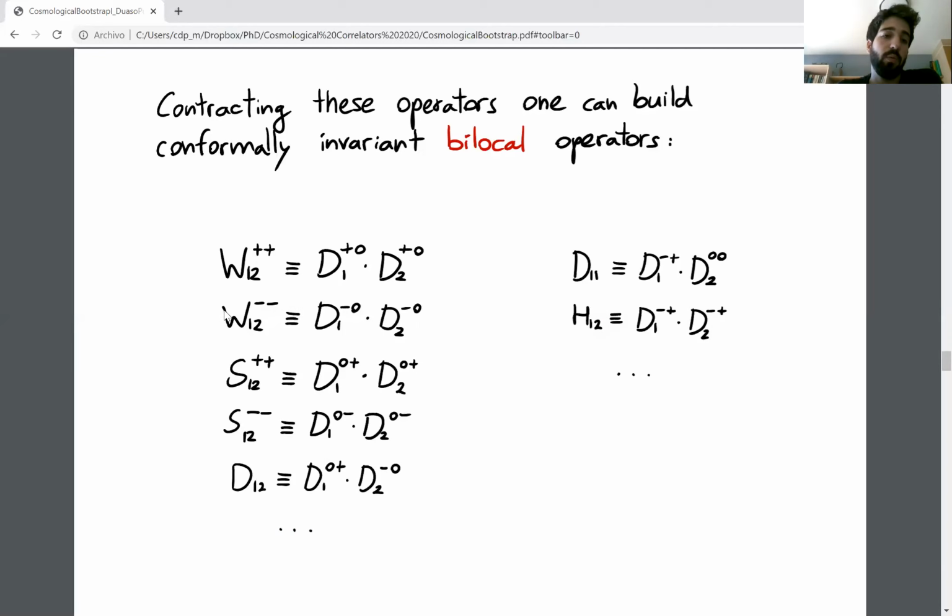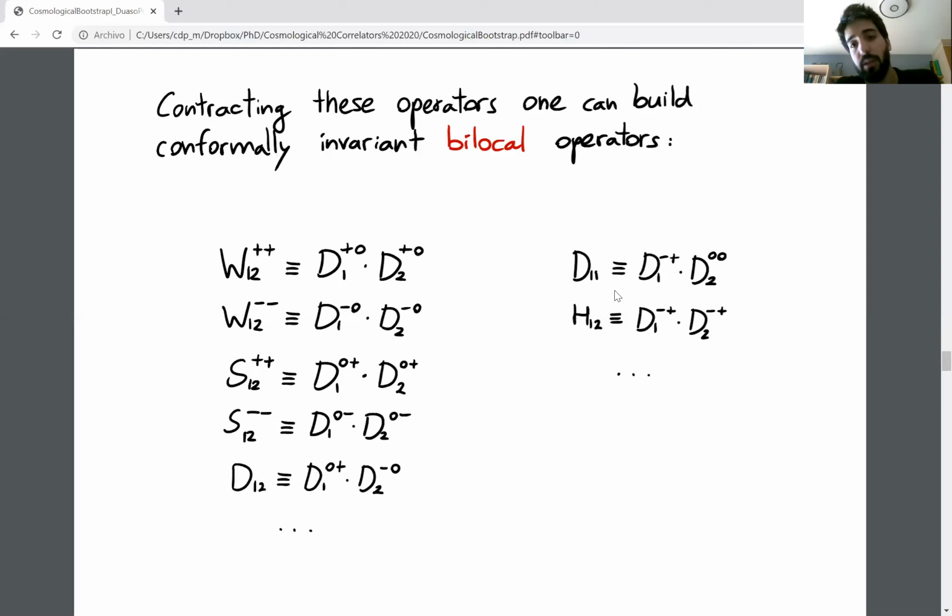So in the same way, one can construct the one that lowers the weight at the 2 points, and the same with the spin, raising the spin at the 2 points, lowering it at 2 points. And one can even combine different operators. So this operator, for example, raises the spin at point 1 and lowers the weight at point 2. One can construct more.